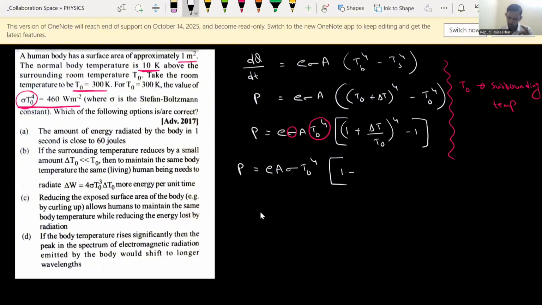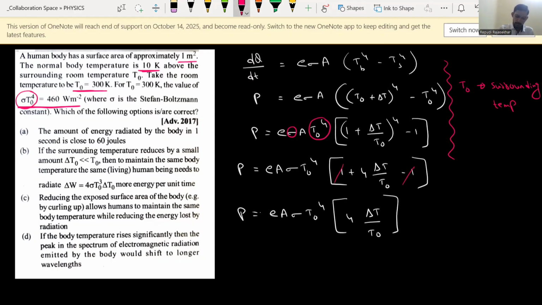This can be written as 1 plus 4 delta T divided by T naught, minus 1. Here this plus 1 and minus 1 get cancelled. So remaining is P equals e A sigma T naught power 4 into 4 delta T divided by T naught.